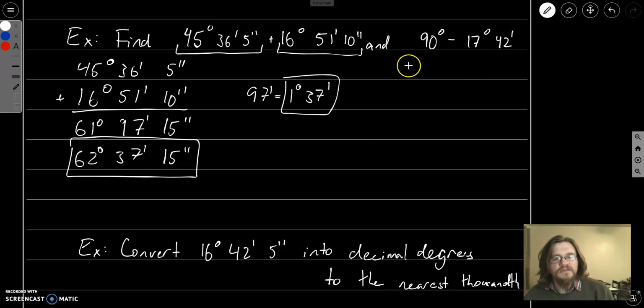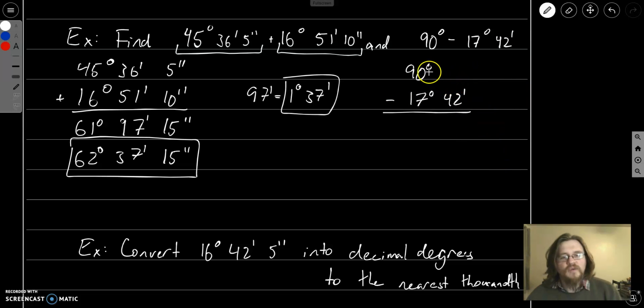Over here, we've got 90 degrees, and I want to take away 17 degrees and 42 minutes. So when we see 90 degrees, what this really means is we've got 90 degrees and we've got no minutes. So I want to take away 42 from 0, and I can't really do that. I can't take 42 away from 0.